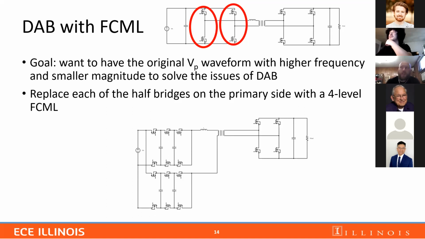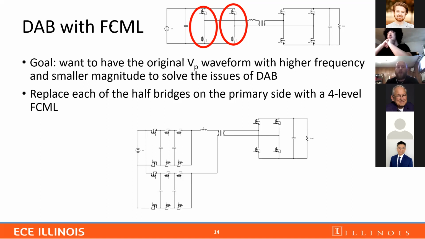So I'll add a quick comment. The main mechanism that adds the improvement is the higher switching frequency. If the switching frequency on the primary side and the secondary side remains the same between our two scenarios, then there isn't actually much of a benefit in terms of the transformer.